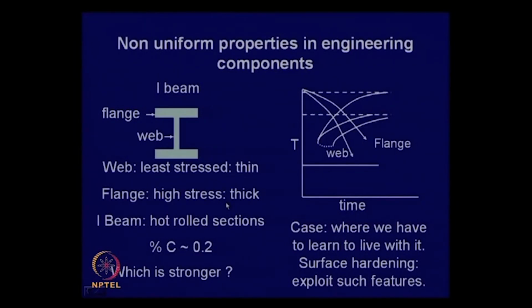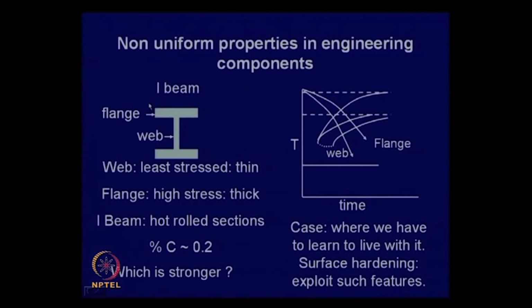If we look at a real component, it always has a particular dimension, and very often these dimensions are quite large. One of the common structural components that you may have seen is the I-beam.